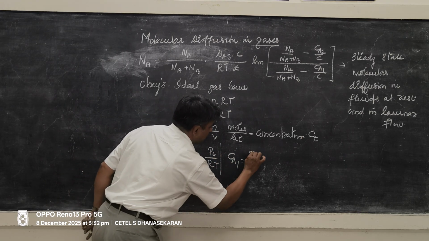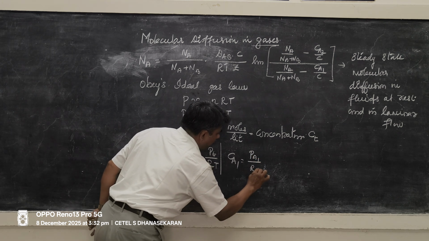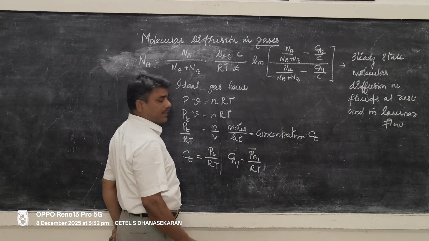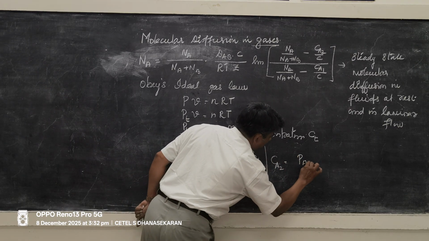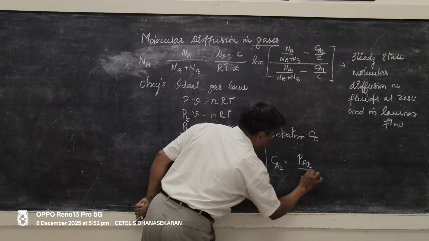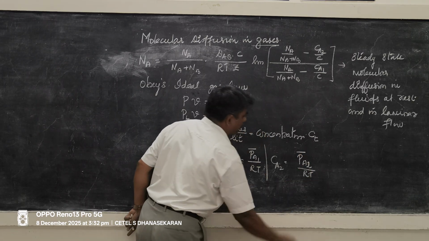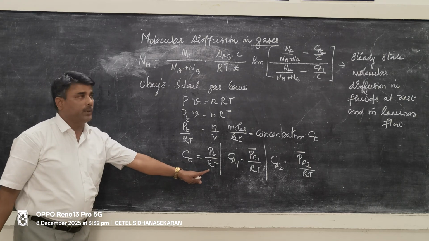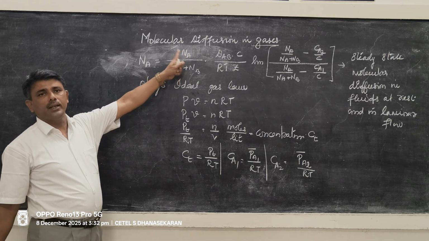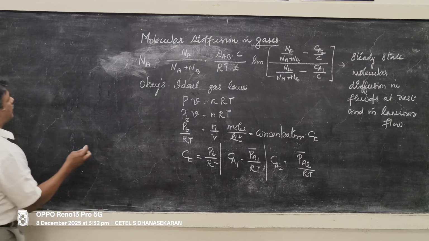Ca1 is equal to Pa1 divided by RT, that means partial pressure. Similarly, Ca2 is equal to Pa2 divided by RT for partial pressure. Clear? Now I am going to use this information with the main equation. So what about the final equation?